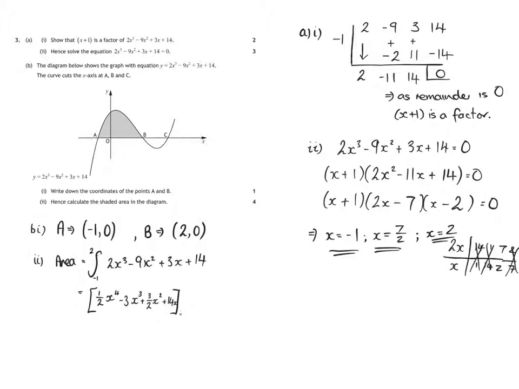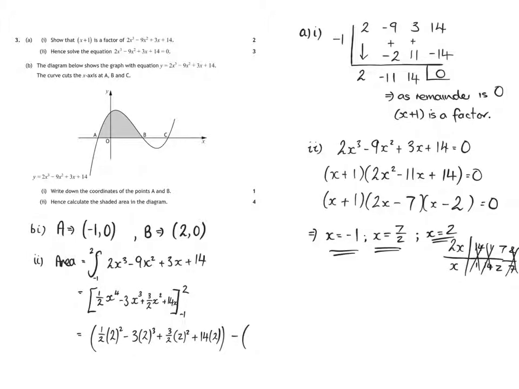So that's between minus 1 and 2. Right, so then we substitute in our values. So we're going to have a half of 2 to the 4, minus 3 times 2 cubed, plus 3 over 2 times 2 squared, plus 14 times 2.